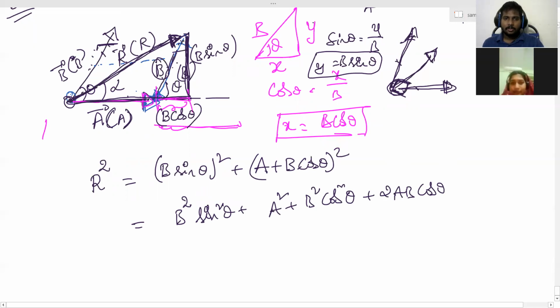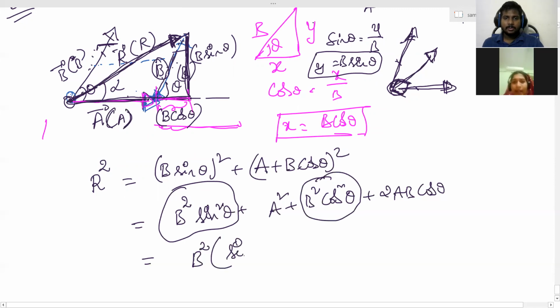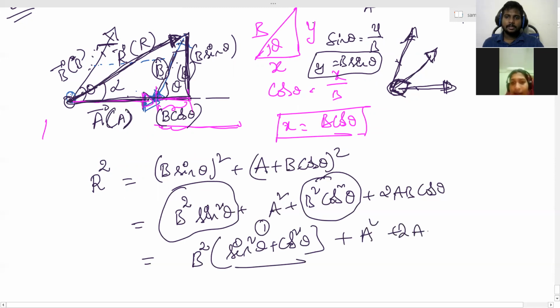Now carefully observe. Can I write this as B square into sin square theta plus cos square theta? What will sin square plus cos square become? 1. Plus A square plus 2AB cos theta.